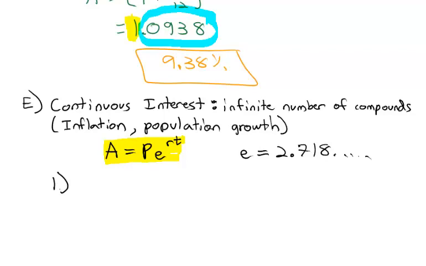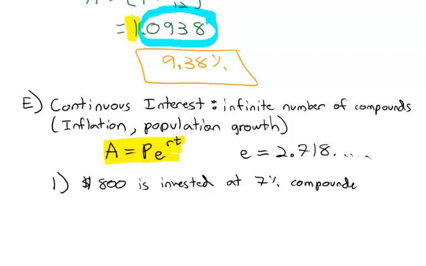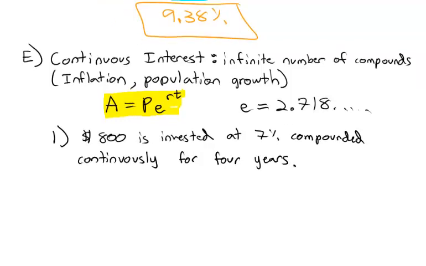But let's look at how we can use e. Let's say $800 is invested at 7% compounded continuously for 4 years. Let's look at how much money is in this account.